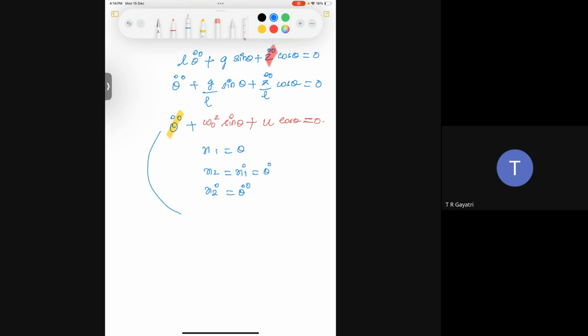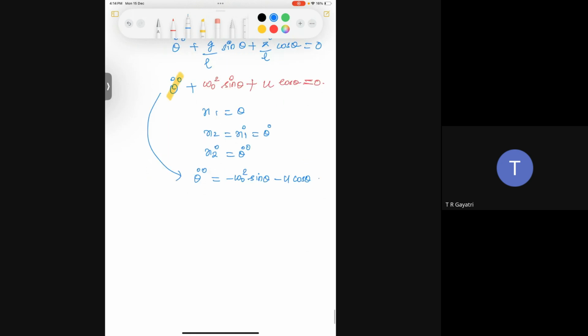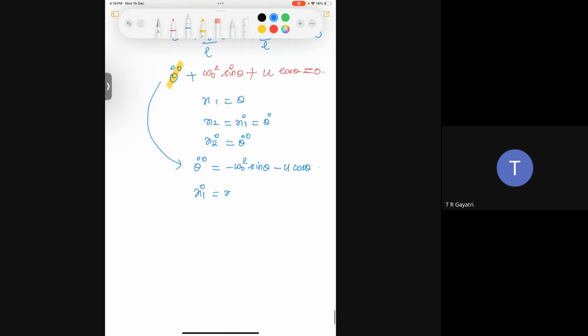I'm keeping everything except theta double dot on the right hand side: minus omega naught square sine theta minus u cos theta. So x1 dot is always x2 when we are converting to first order differential equations. Omega naught square sine theta will be replaced with sine x1, because there is no theta. I want to convert everything into the same variable. And u cos x1.